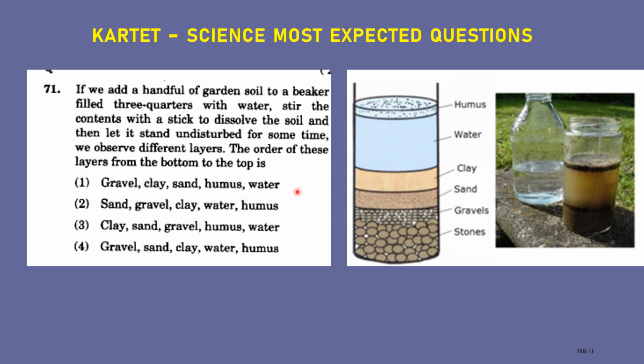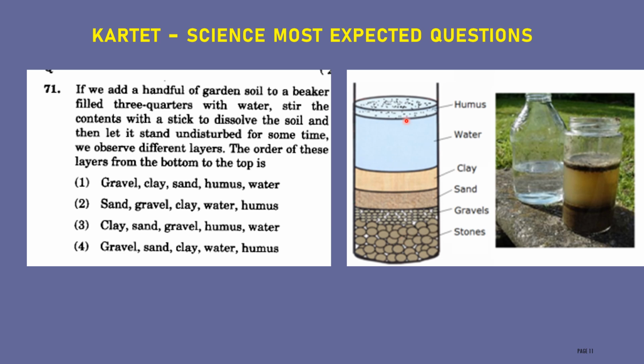Consider soil added to 3/4 of a beaker containing water. Then leave it for some time, and you can observe different layers of soil. The layers formed depend upon the density. The stone has higher density, so it will settle down.